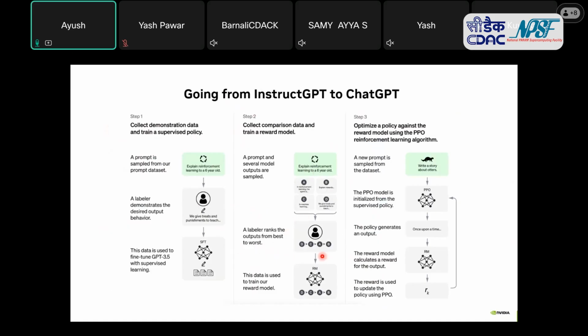And once you have this kind of data, either in the form of ranking or rating, you use this data to train your reward model. So what is this reward model? Essentially, this reward model is a copy of your SFT model, where the last layer is replaced with a regression output layer. That last layer will produce the scores for the given input.